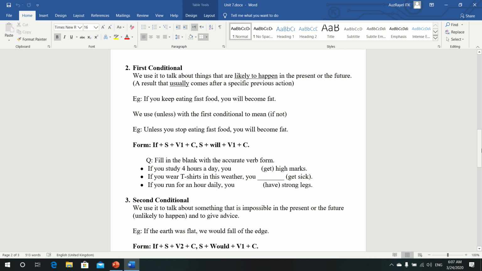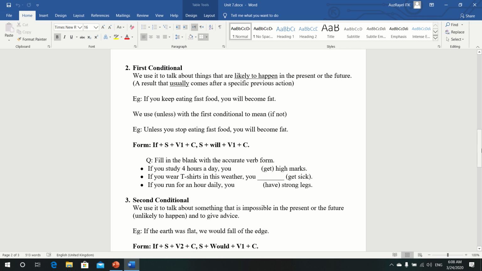This is the point of using the first conditional. We are not 100% sure, but around 90% sure of something to happen. If you wear t-shirts in this weather, you will get sick. Okay? The third sentence says, if you run for an hour daily, you will have strong legs.